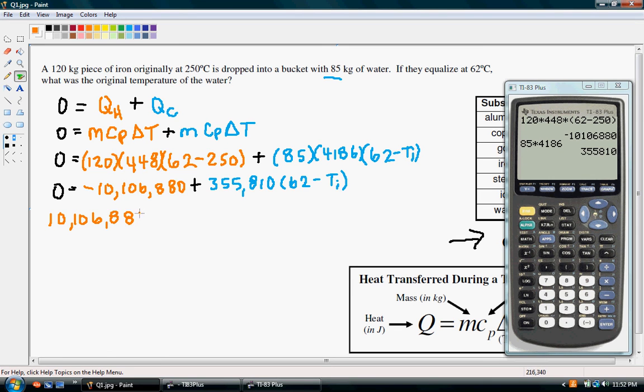And that is going to be equal to 355,810 times 62 minus our original temperature for the water. So we can divide both sides by 355,810, and this cancels out.